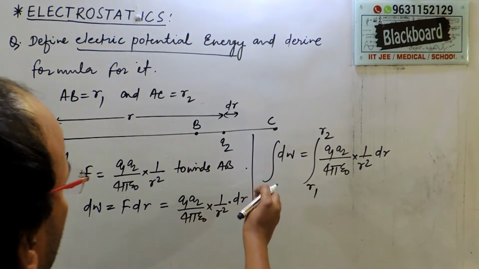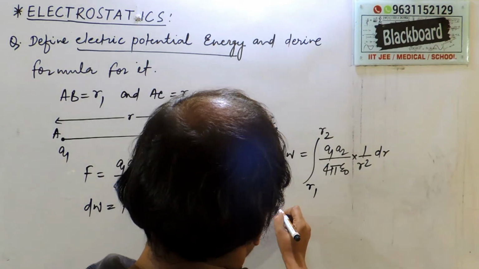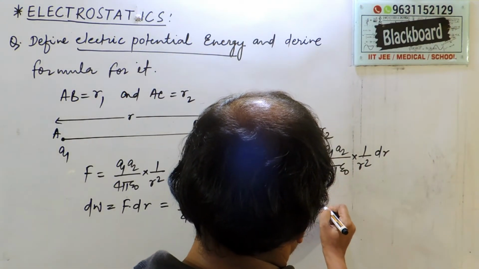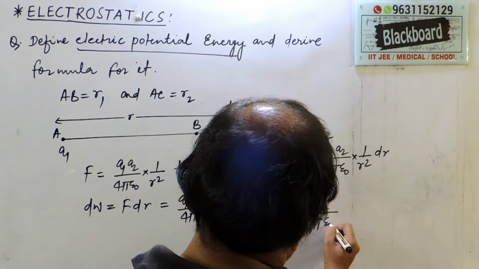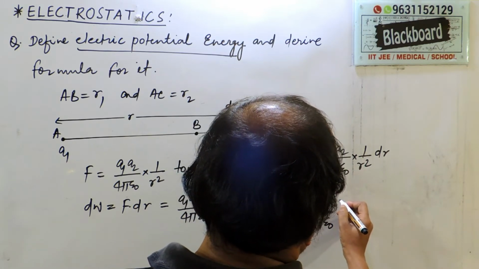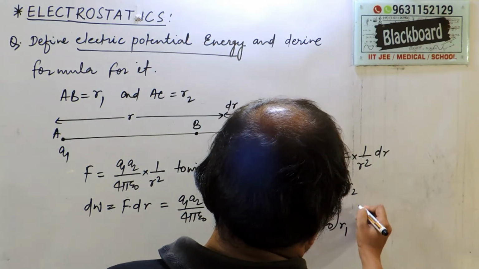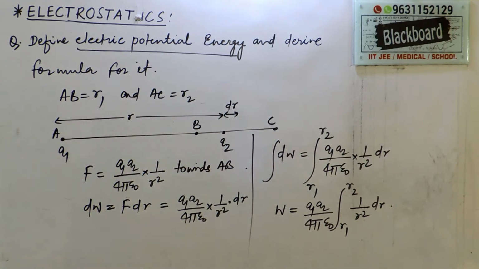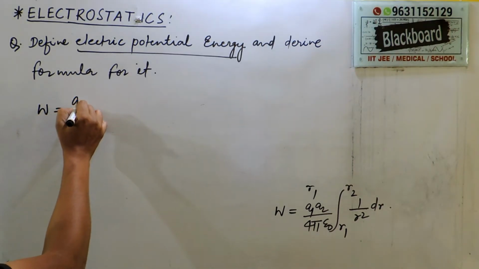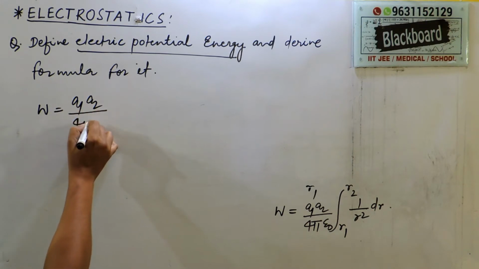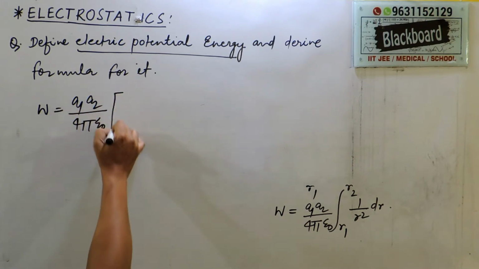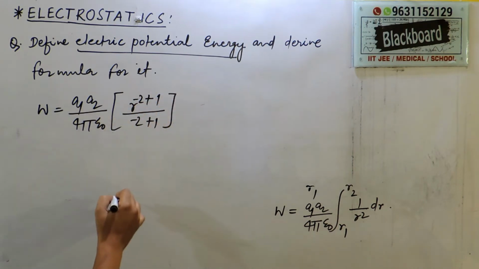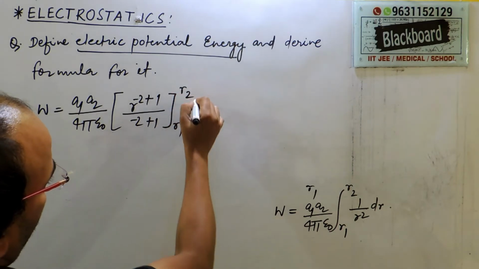Work done is initially 0 and finally W. That means W equals Q1 Q2; we take the constants outside, 4 pi epsilon naught, and here the integration from R1 to R2 of 1 by R square dr. You will get W equals Q1 Q2 by 4 pi epsilon naught into R to the power minus 2 plus 1 by minus 2 plus 1, from R1 to R2.